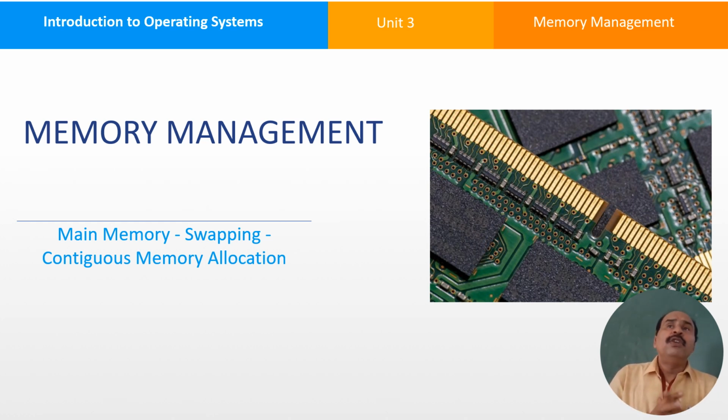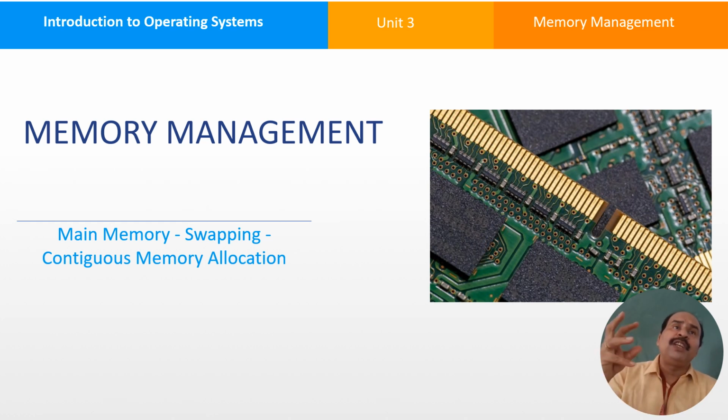So in the first unit we saw the general purpose and an overview of operating systems. In the second unit we studied a very important concept called process management: what is meant by a process, how a process is managed, and so on. The third important function, the most important thing that an operating system does, is memory management.